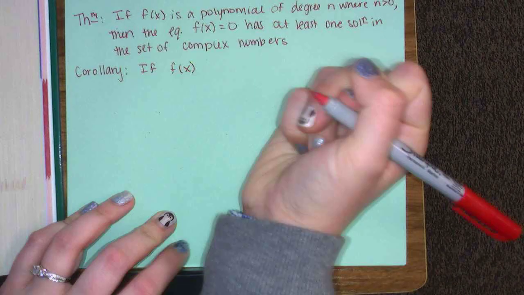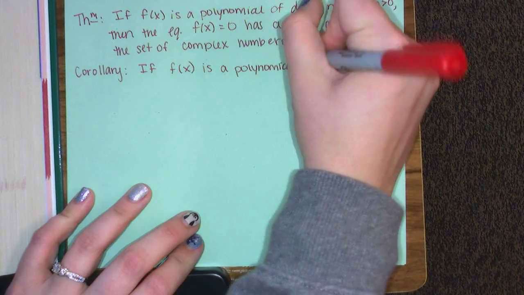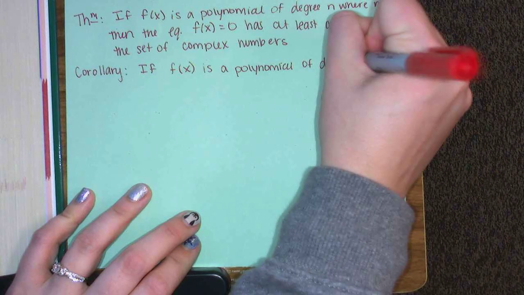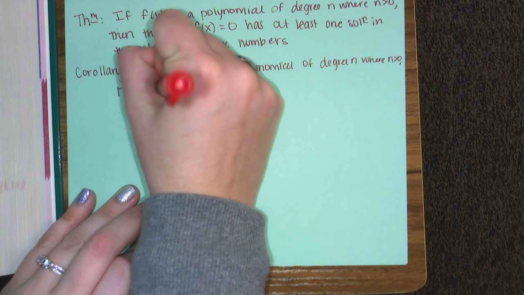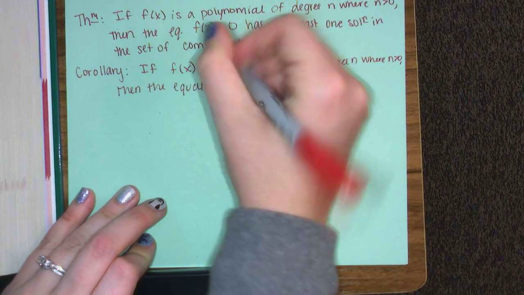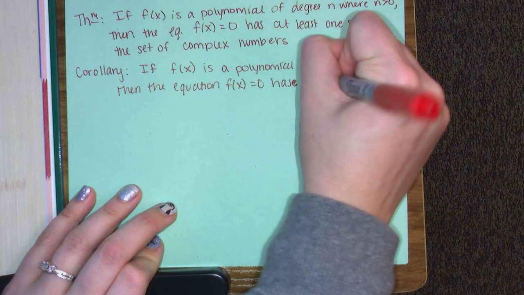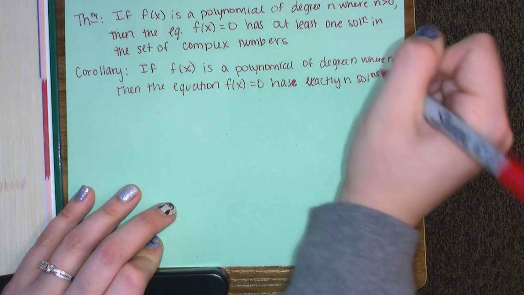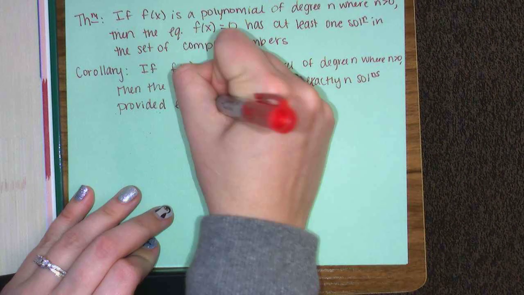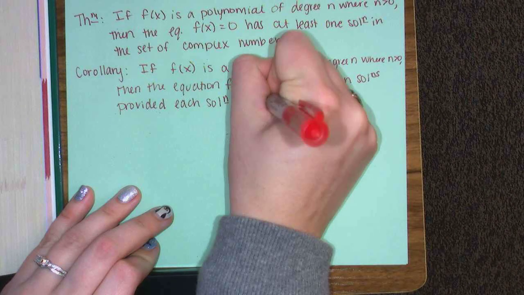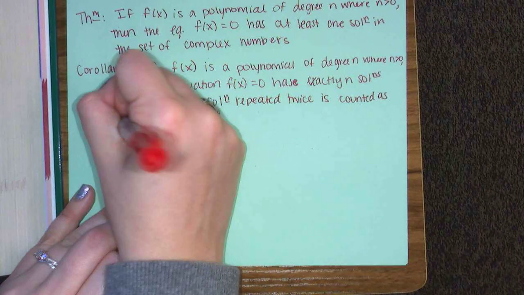All right. Then the corollary: if f of x is a polynomial of degree n, where n is greater than 0, then the equation f of x is equal to 0 has exactly n solutions, provided each solution repeated twice is counted as 2 solutions.